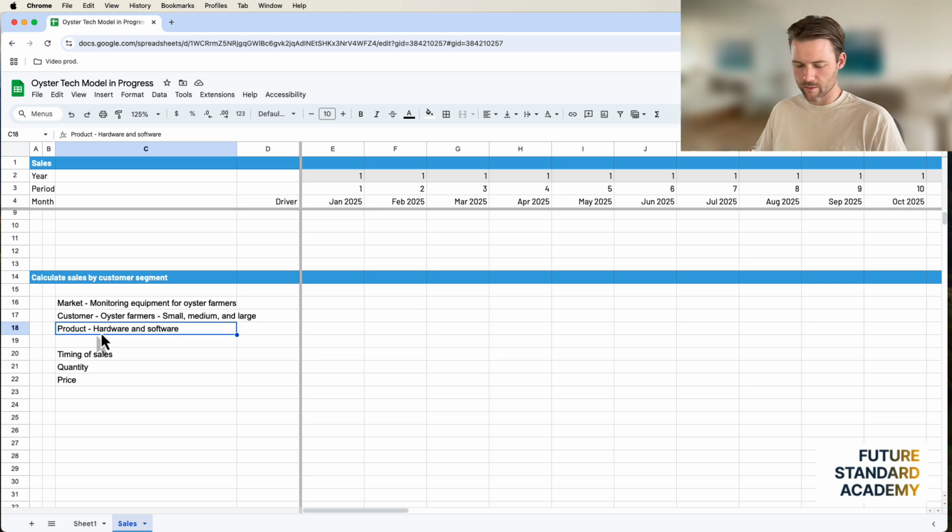The propensity for most founders at the beginning is to say, I want to show the investor, and show myself and my team, that I actually understand what's going on out there, so I want to show them all the options available. But adding too many sales streams makes the model complex, and it makes it seem like you don't really know what you're doing.